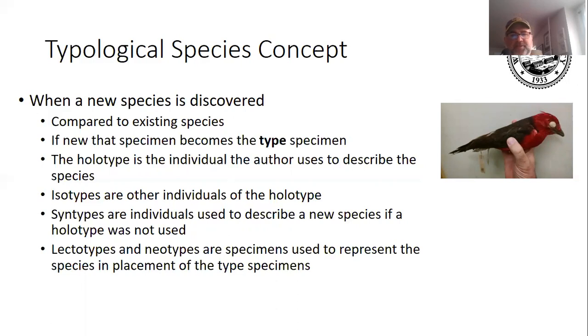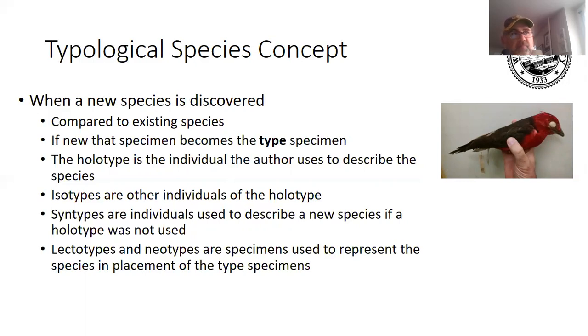Okay, so if you found another bird that you thought might be a new species but looks like this, you would take an individual and compare it to this species, and that's how you essentially start the process. We also have isotypes, which are other individuals of the holotype. This is common in plants where you may collect a few, okay?